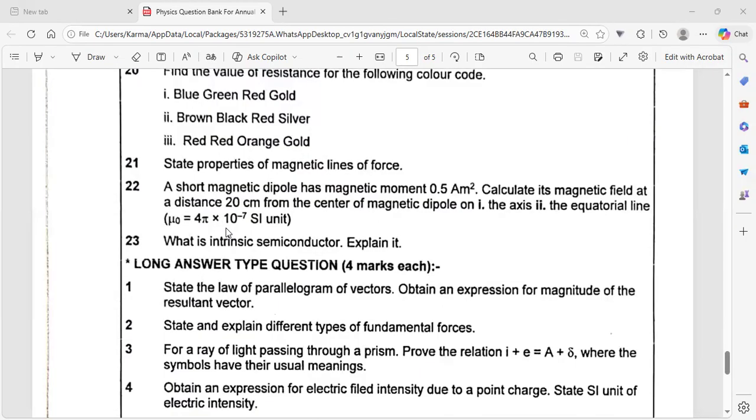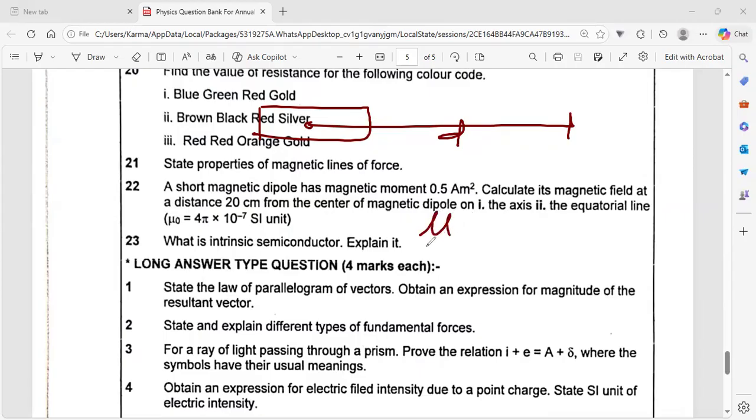A short magnetic dipole. Calculate the magnetic field at a distance of 20 centimeter from the center of a magnetic dipole on its axis and the equatorial line. The distance is d.